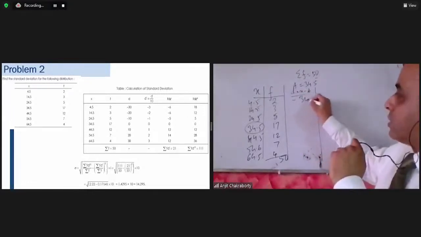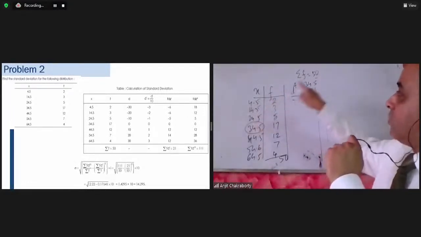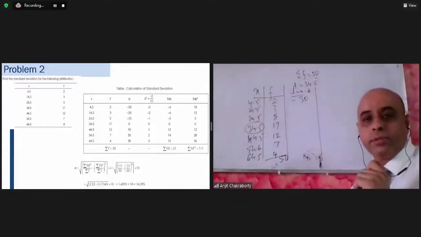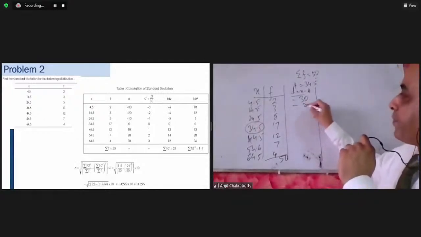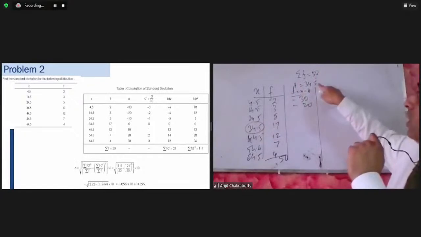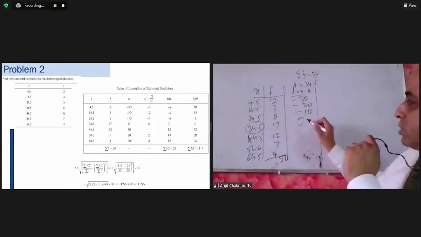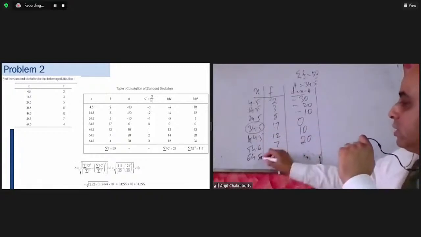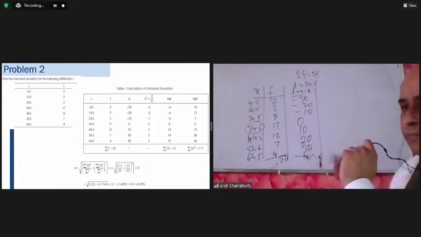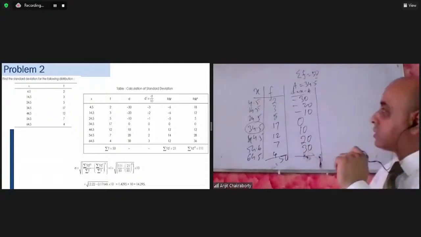So we are taking minus 30 here. 14.5 minus 34.5 becomes minus 20. 24.5 minus 34.5 is minus 10. 34.5 becomes 0. 44.5 is 10. 54.5 is 20. 64.5 is 30. Fine. So D is done.